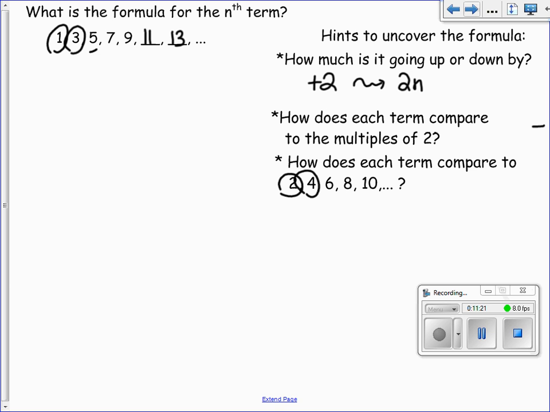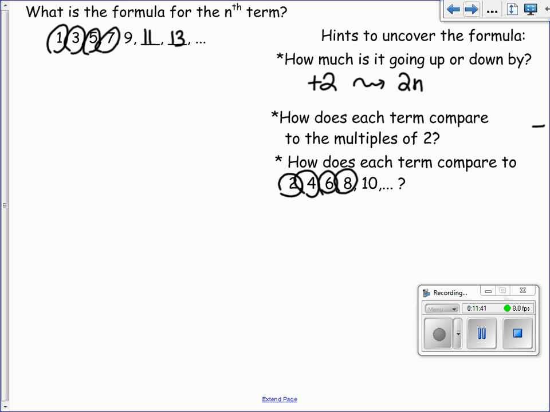How does 5 compare to 6? How does 7 compare to 8? Robbie? Is this one higher? It's one lower, right? It's one lower. It's minus 1.